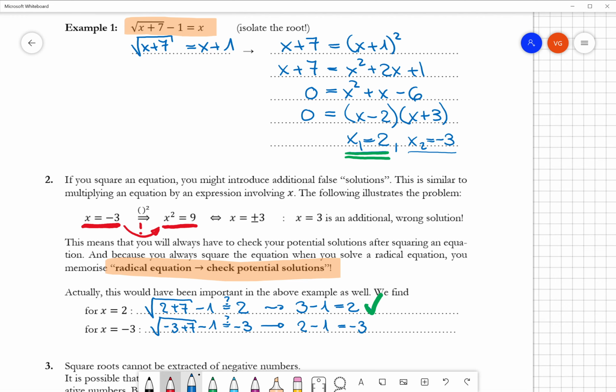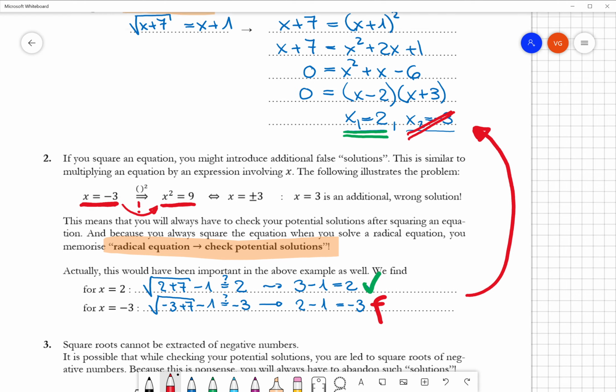Well, and that's wrong. So this is not really a solution. That's very important. You need to check whenever you square when solving an equation, and because you always square when you solve a radical equation, you must always check your answers when you solve a radical equation.